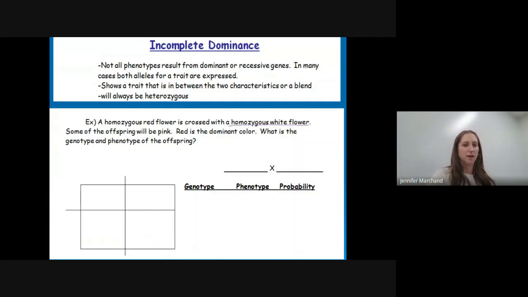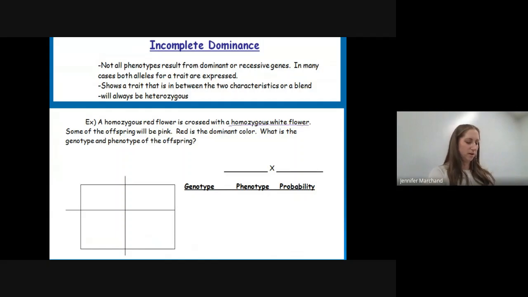So here we're going to have a homozygous red flower, and we will represent this with R's this time, okay? So we have a red flower with big R, big R. So this one is red originally. And then over here we're going to have a homozygous white flower, again recessive, but this time it's not really recessive, because they're all going to combine.